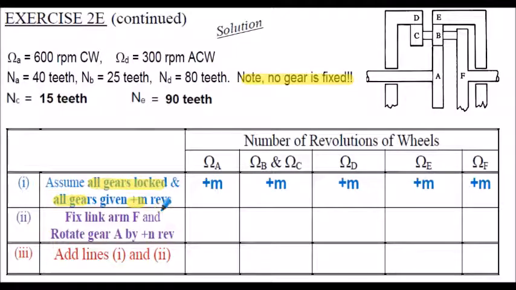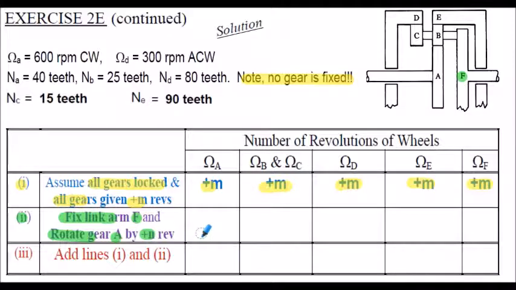So in step 1 of our table, every gear gets a positive M revolution across the first line here. And in step 2 of the table, we're going to fix the link arm as always. The link arm is F in this case, shown here. And we're going to rotate gear A, the annulus, by positive N revolutions.